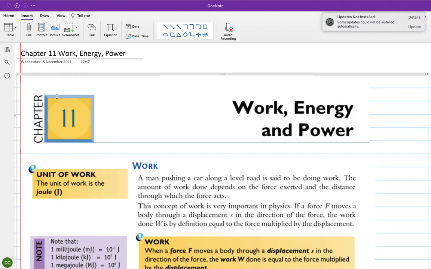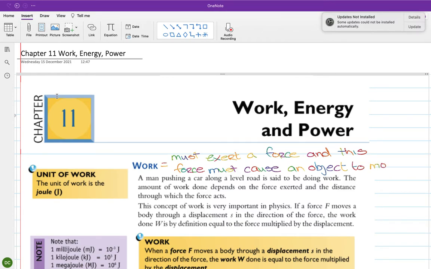So you must exert a force, and this force must cause an object to move through a displacement.